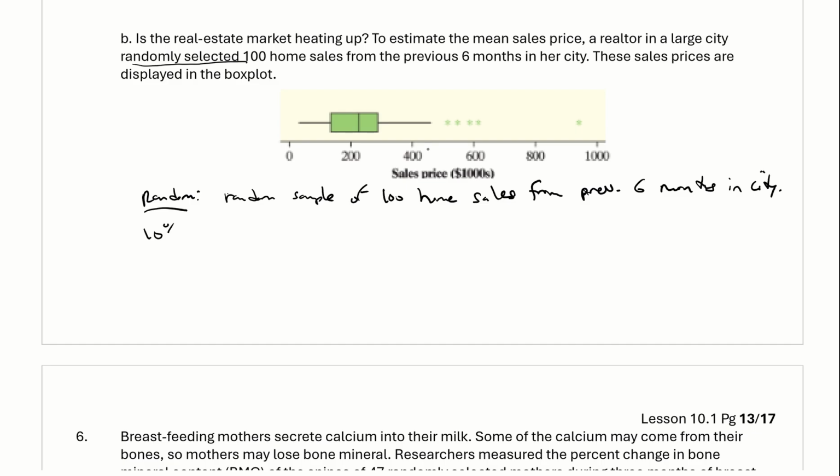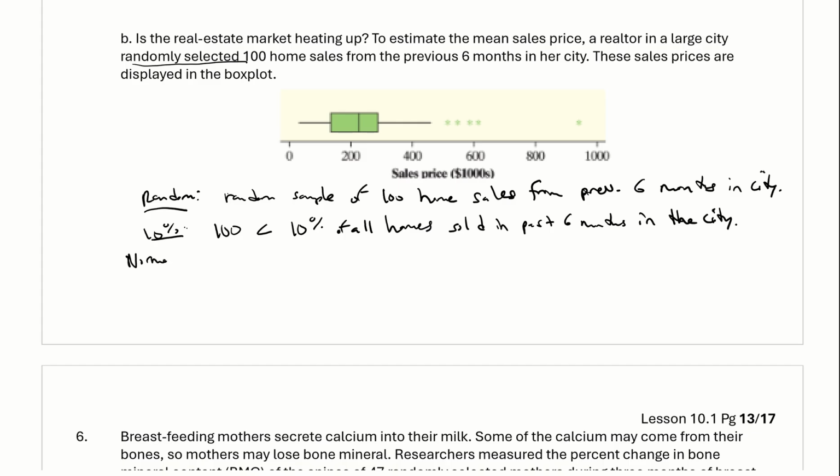All right, so then let's look at the 10% condition. So we could say that 100 is less than 10% of all homes sold in the past 6 months in the city. All right, and then we got the normal large sample condition.